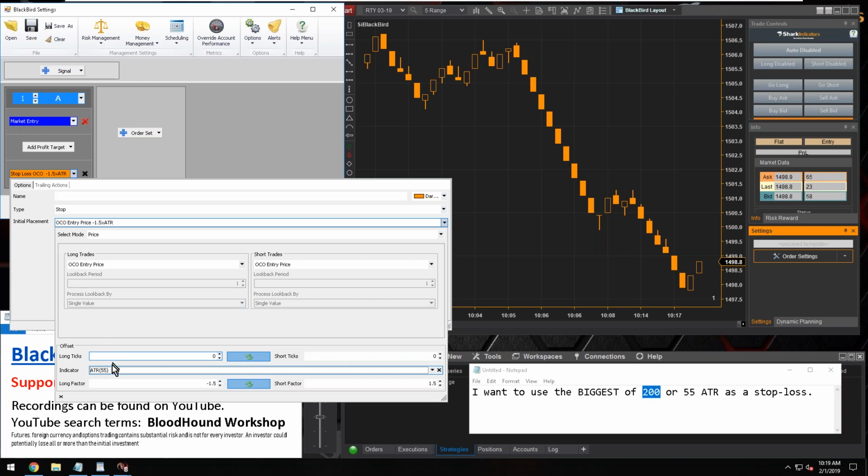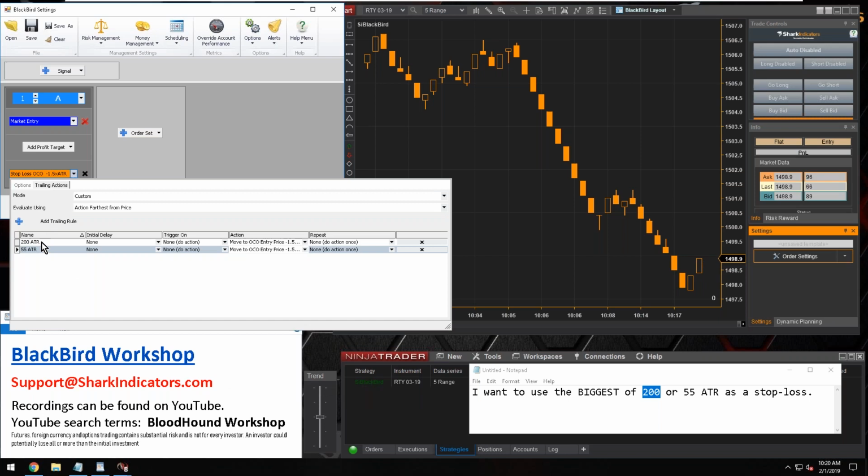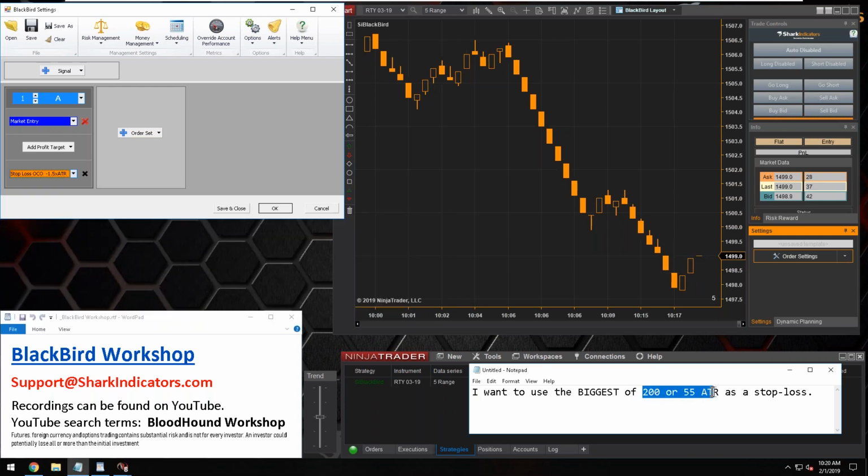And then once the stop loss is placed, BlackBird will evaluate these two trailing rolls, figure out if the other one had a larger offset distance, and then move that stop loss out based on that. That's the easy part, right? We managed to just throw that stop loss further out, based on whatever creates the widest stop loss based on our two ATR periods.